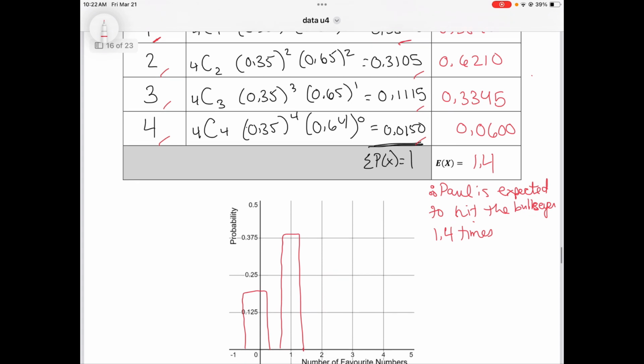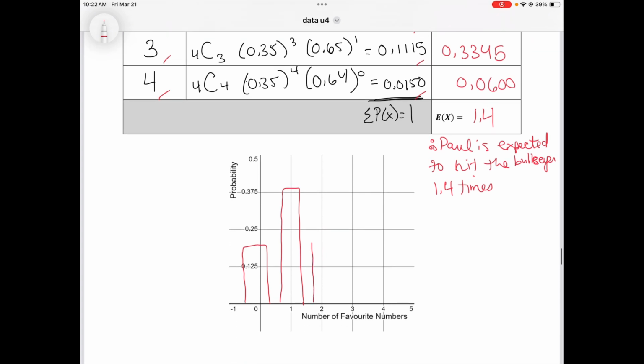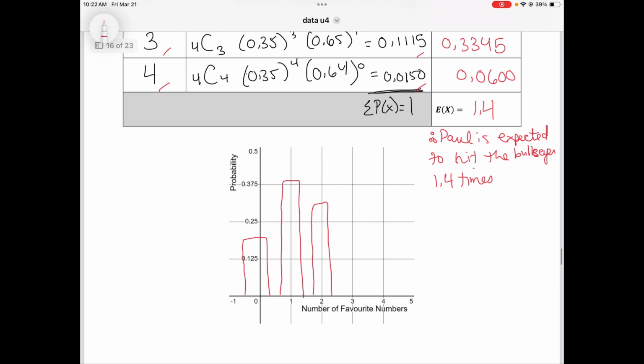Probability of hitting it twice, 0.31. 3 times 0.1115. And then 4 times 0.01. So really little. Okay, so then this will be the probability distribution bar graph.